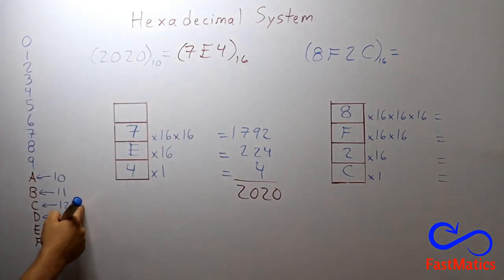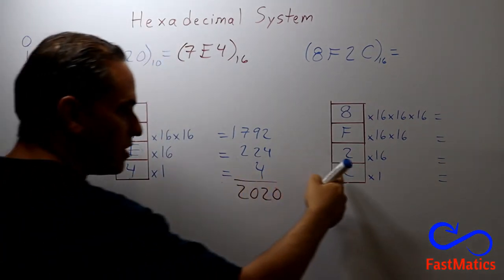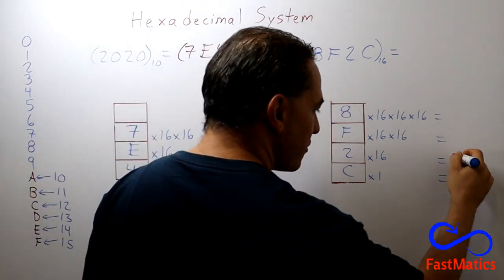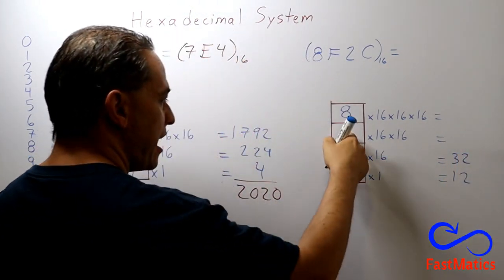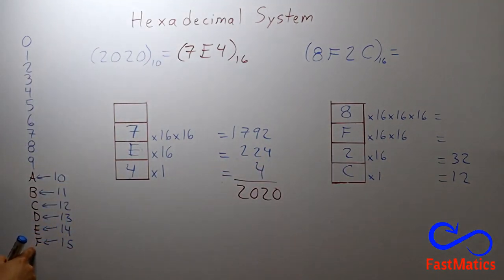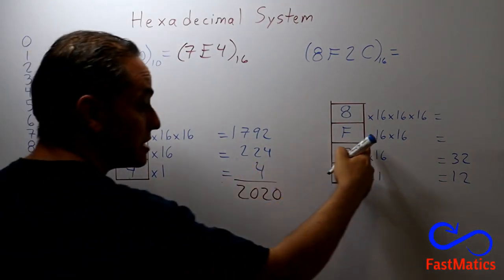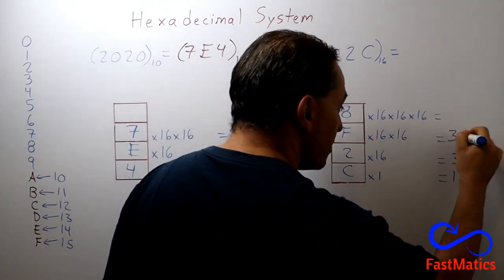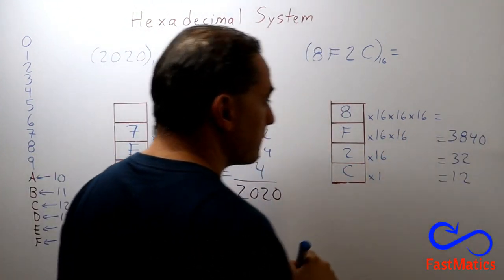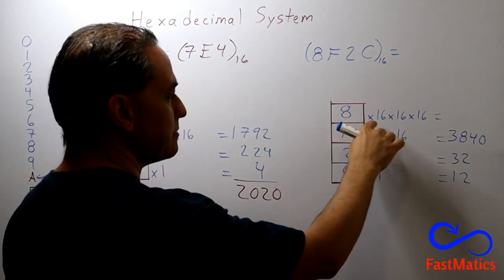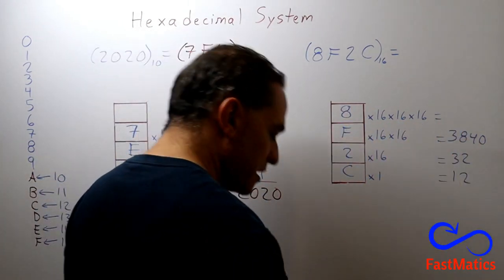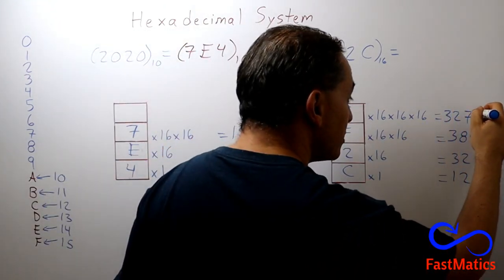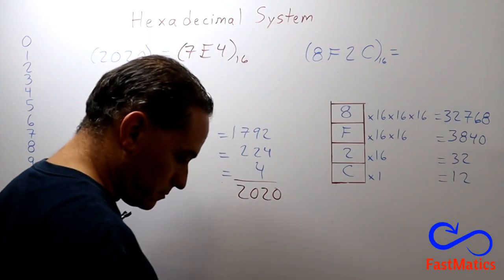C means 12. So 12 times 1, 12. 2 times 16, 32. F, that means 15 times 16 times 16, 3,840. And after that, 8 times 16 times 16 times 16 is 32,768.